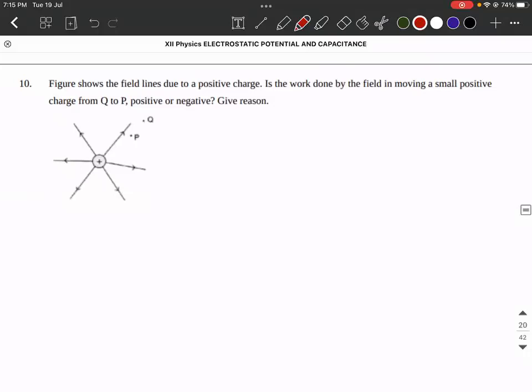Figure shows the field lines due to a positive charge. Is the work done by the field in moving a small positive charge from Q to P a positive or a negative value? So UP minus UQ is how much? Q into VP minus VQ.